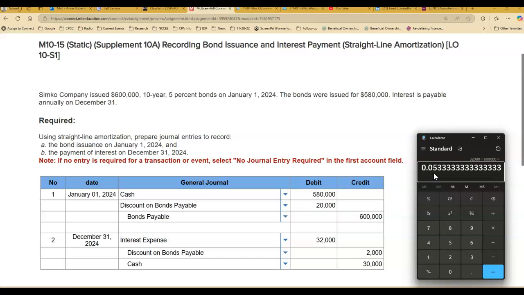Make sense? So now that discount allocates as additional interest, thereby increasing the interest expense by that amount that we're allocating each year on the prepaid interest. How's that work? Okay?